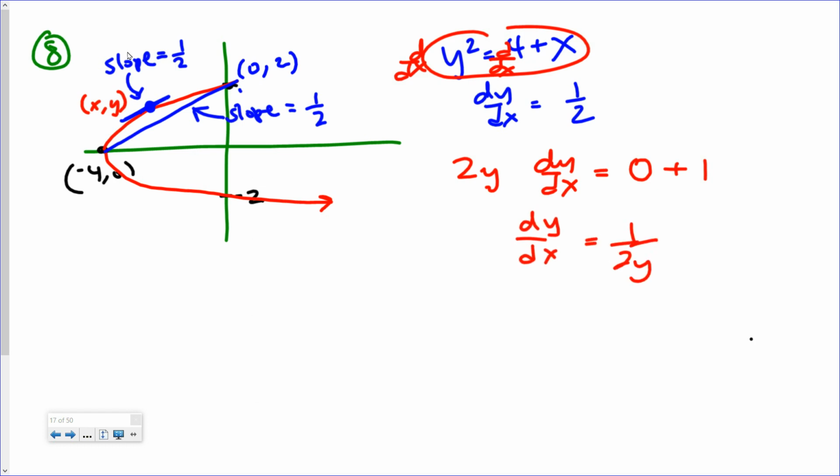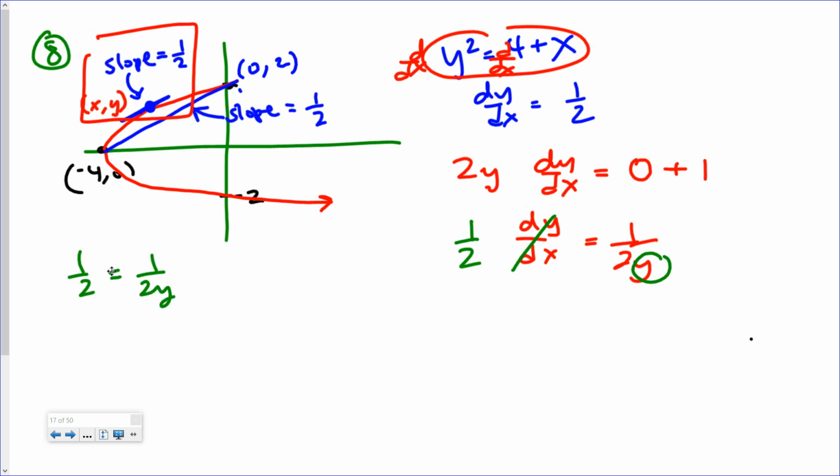But for just this point right here, what's the slope of the tangent line there? 1/2. Now, is it 1/2 for every single point? No, it's just 1/2 for this point. So do you see that at this point, I can actually find the y? Because what I have is 1/2 equal to 1 over 2y.